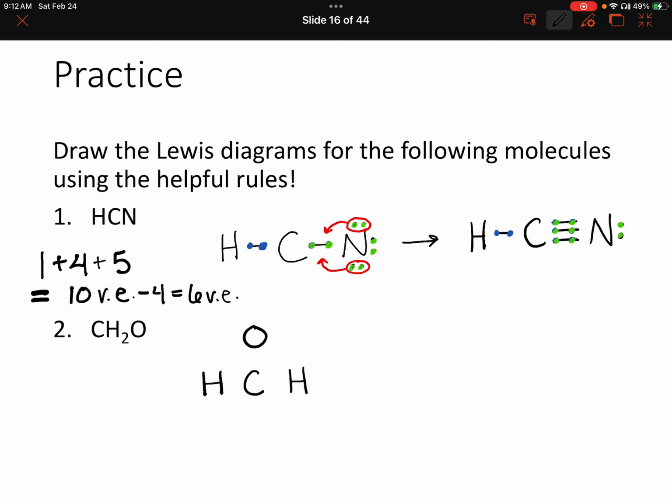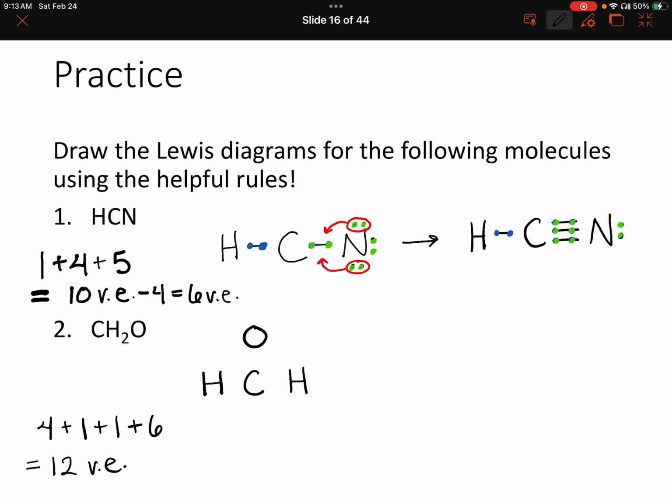Now let's tally up how many total valence electrons this molecule has. So again, carbon has 4 valence electrons. Each hydrogen has 1. And then oxygen, we said previously, has 6 valence electrons. So that gives us a total of 12 valence electrons.